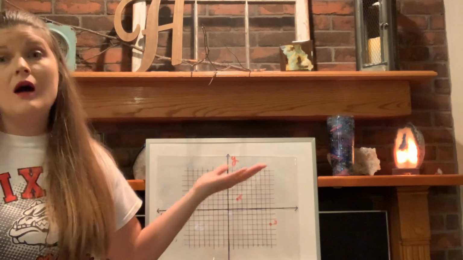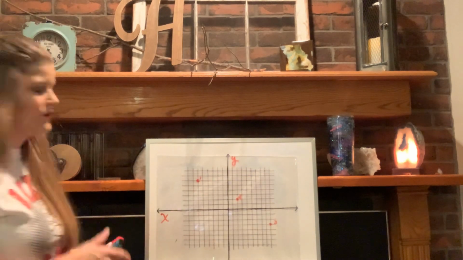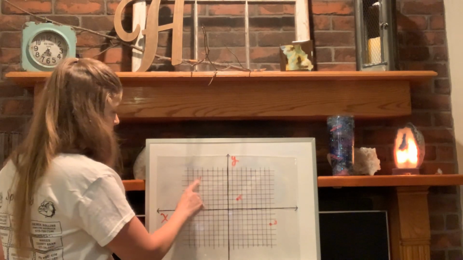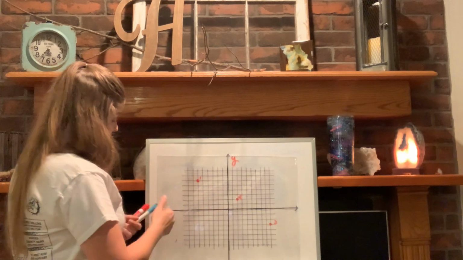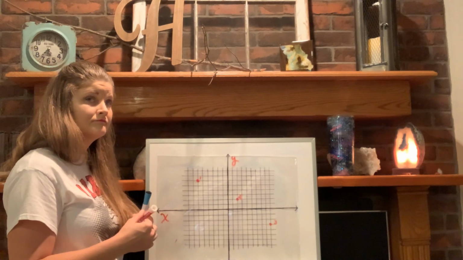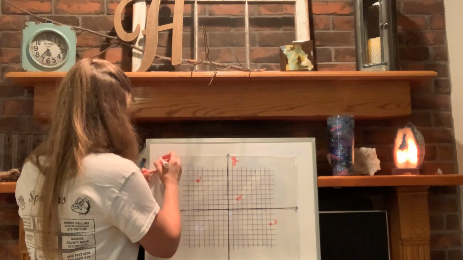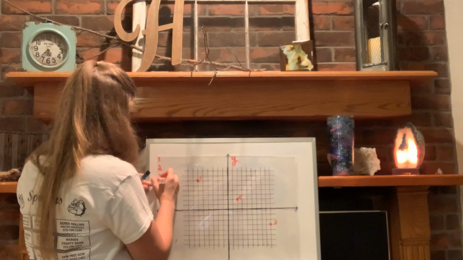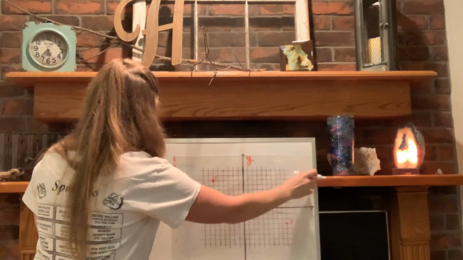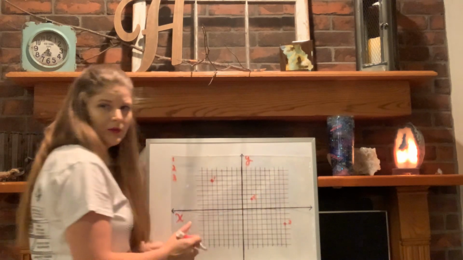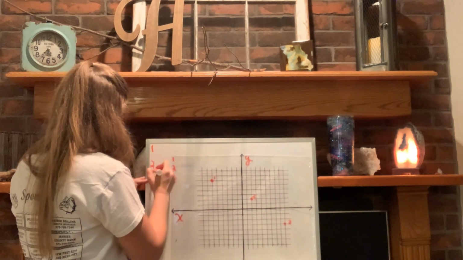What are the coordinates of number 1? Well, let's find out. Here's number 1. First, we have to start with what? X. So number 1, number 2, number 3. I can probably make this a tad bit bigger. Yes, okay. 1, 2, and 3.